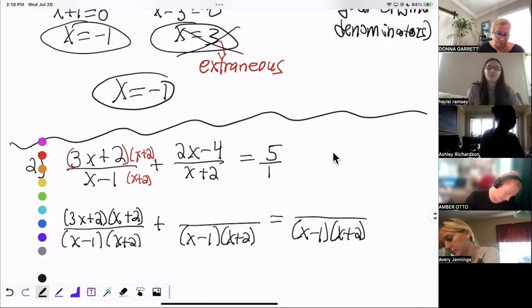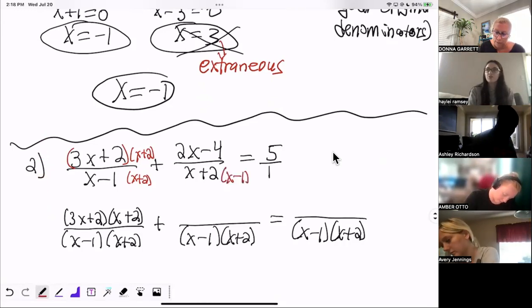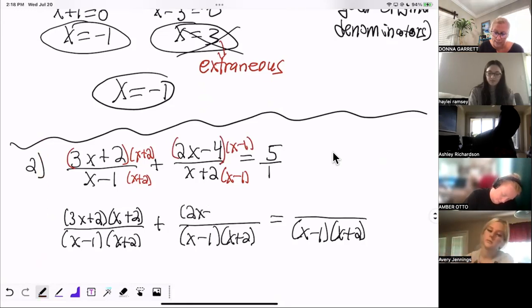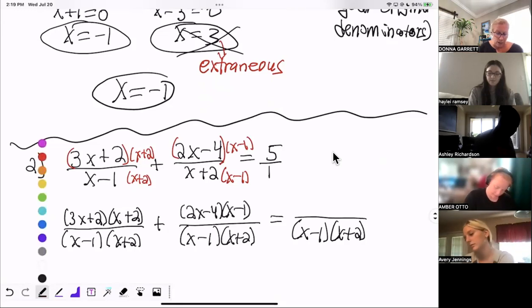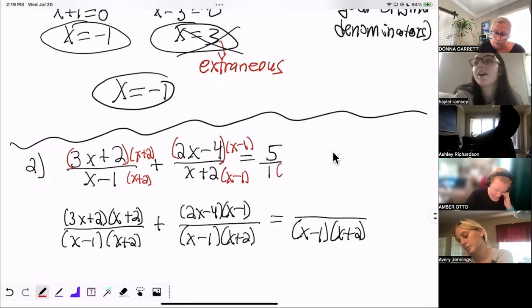And then this one, since I have x plus 2, I need x minus 1, which means I have to multiply this by x minus 1, but it's also a binomial, so I have to FOIL or distribute. So I'm going to put that down in parentheses. And this last part, I need to multiply by both of them.